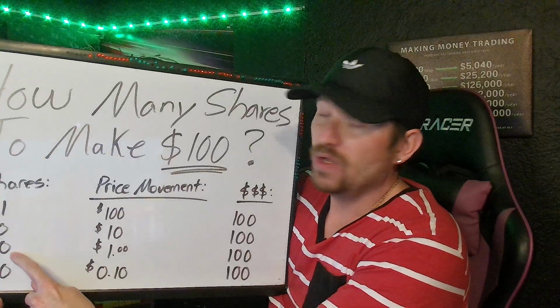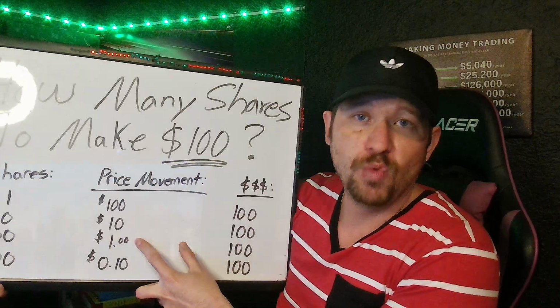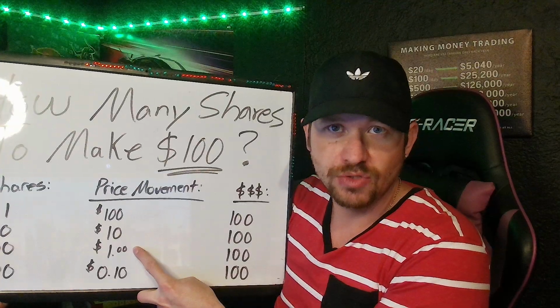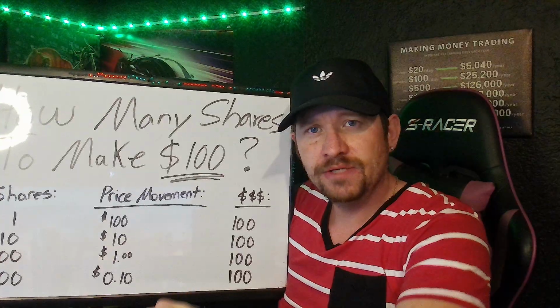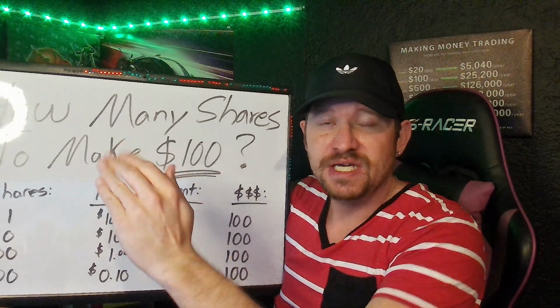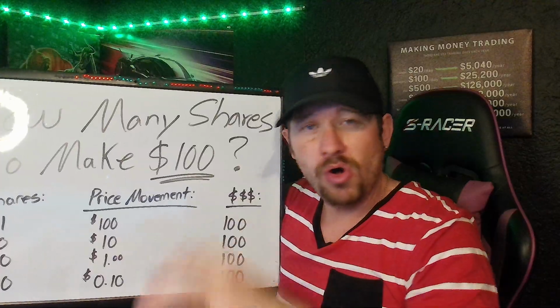It's very easy to see a $5 to $6 movement, sometimes a $10 to $15 movement, whether it's up or down. Now, what's great about this third example and even the fourth example is that you can see a company move $1 very easily in a single day. It can move up $1, it could come down $1, it can go up 50 cents, it can go down 50 cents, all within the same day.